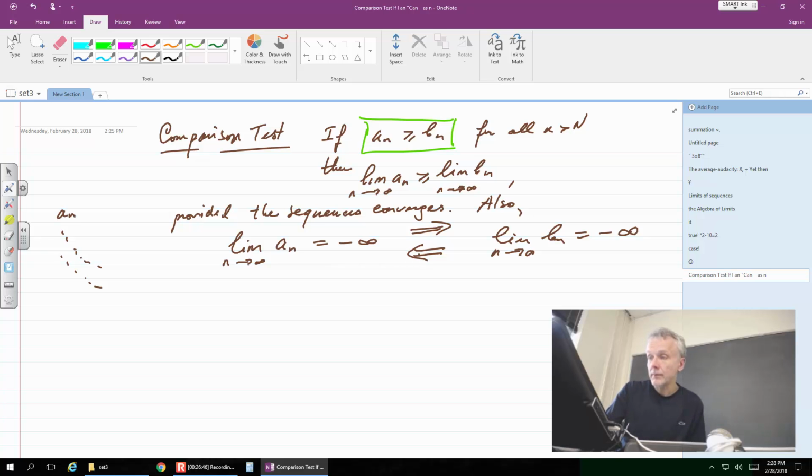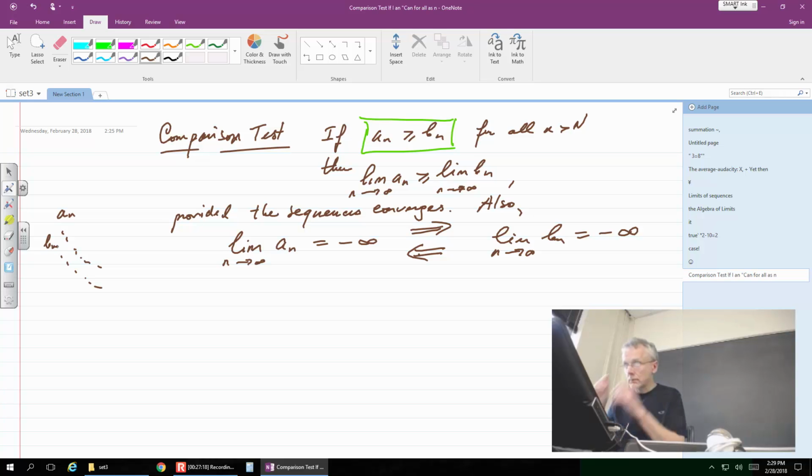An is larger, right? And one of them is going towards negative infinity. Is this clear what I'm asking about? We want to draw a conclusion, but the challenge here is to figure out which way the logic works.